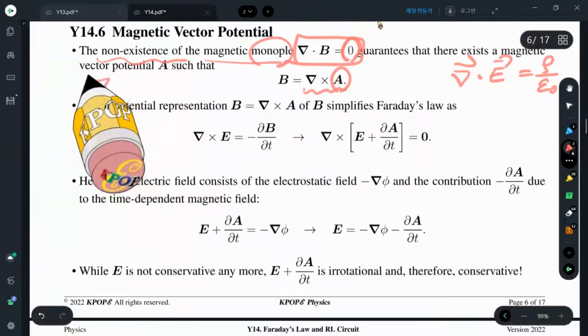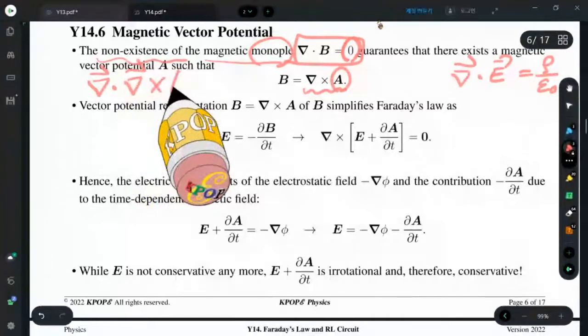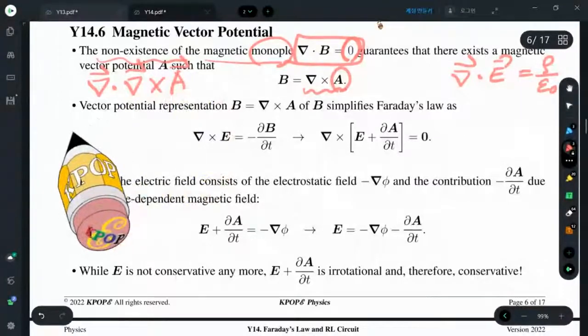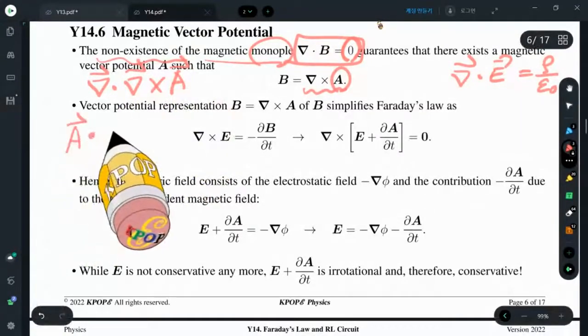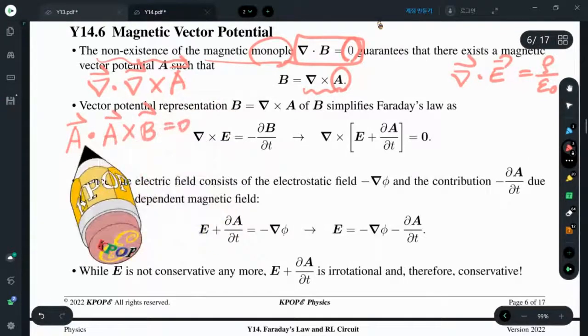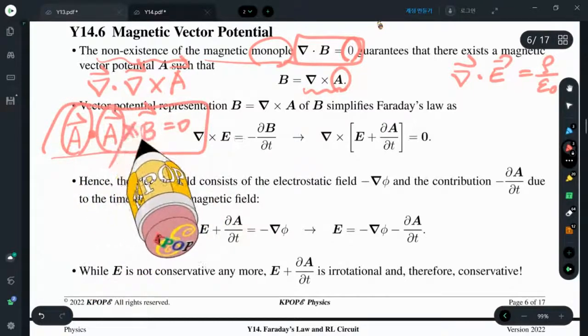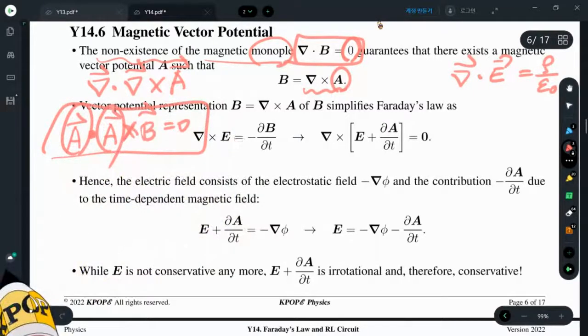Why? In the previous class, we saw the triple scalar product, A dot A cross B. This is 0 because A is parallel to A. The triple scalar product is a kind of determinant.